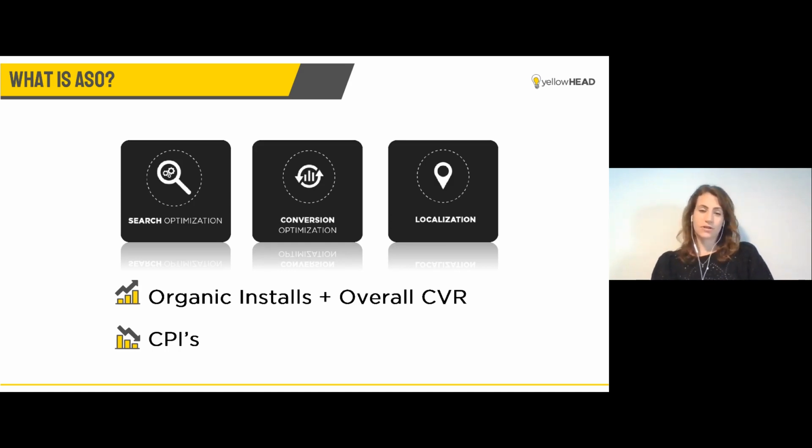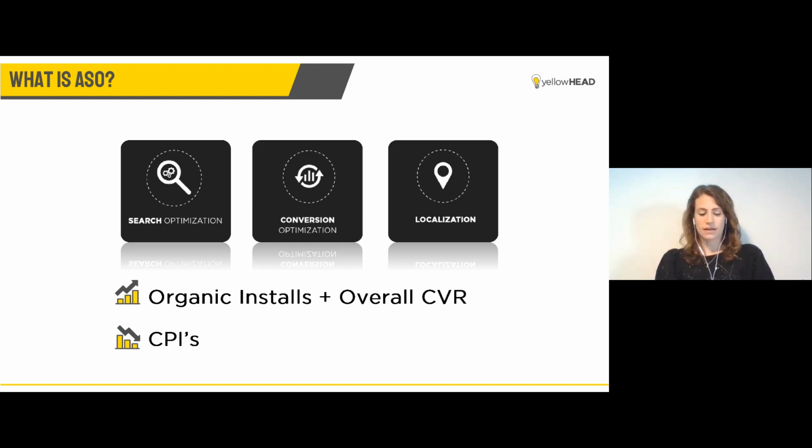Then there's conversion optimization, where we use A/B testing through various methods to improve the look, feel, and message of your app page. And then there's localization, which basically applies both of these two aspects to different geos. That's using local keyword research and culturalizing the graphic assets for A/B tests.